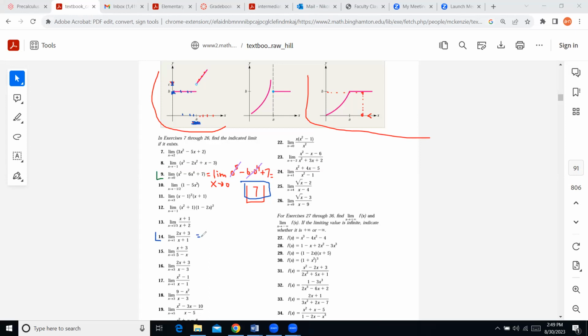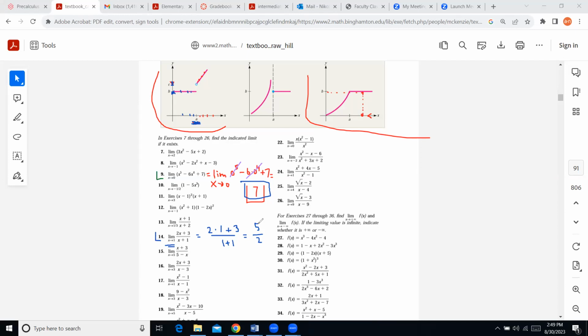But if I replace my x with what it approaches, which is 1, then I'm going to end up with some nice arithmetic expression with a 2 in the denominator and 5 in the numerator. So that'd be my limit. So again, no issue happens when you plug in that number. And that's why I guess those are called straightforward exercises.